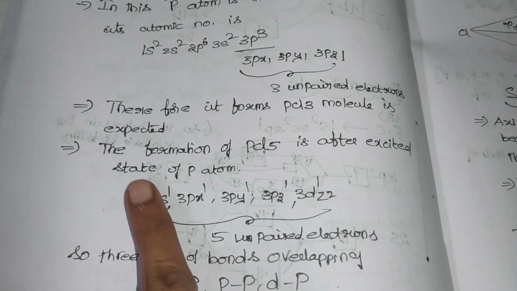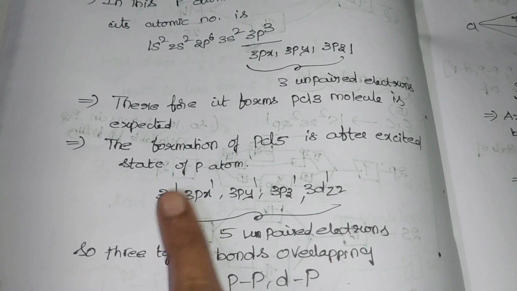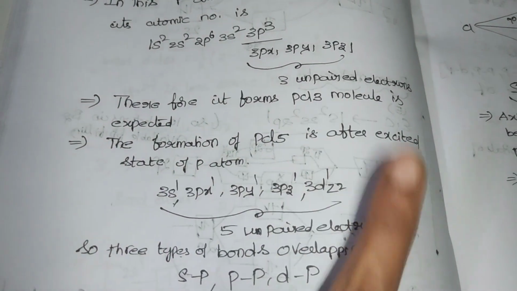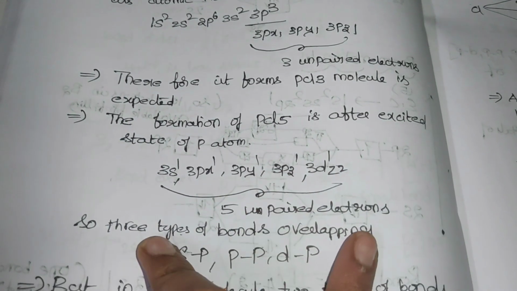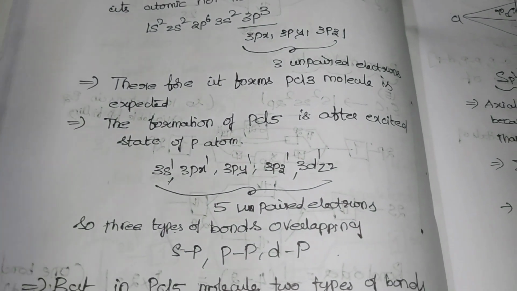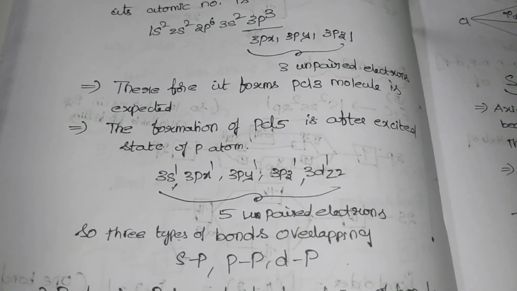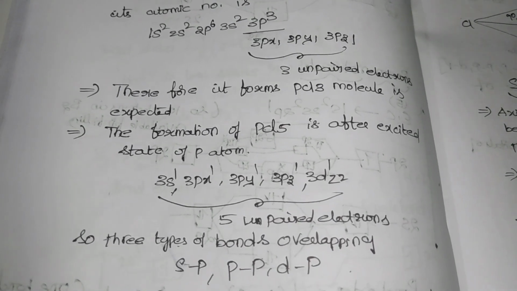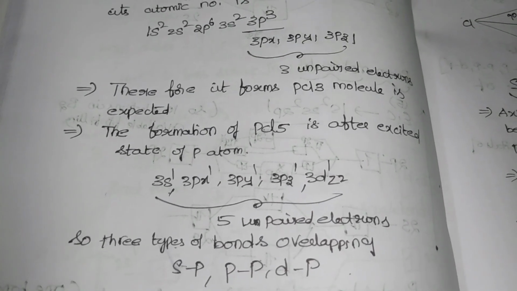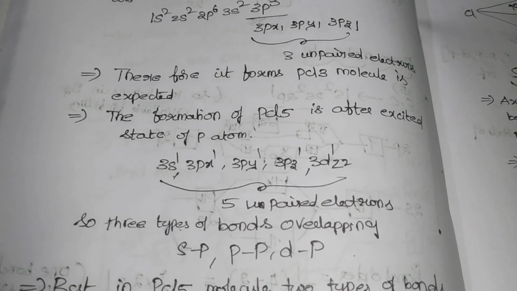We get 5 unpaired electrons, and it can easily share them with 5 chlorine atoms to form the PCl5 molecule after excitation.